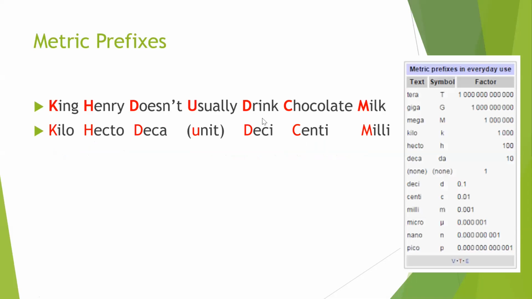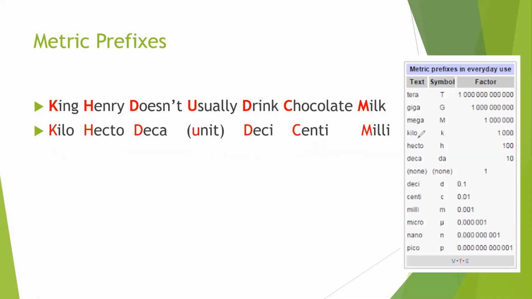So there's these metric prefixes, and I don't know if there's any other acronyms, but I use the acronym King Henry doesn't usually drink chocolate milk to remember the metric system. So the first letter stands for kilo, hecta, deca, unit, deci, centi, and milli.